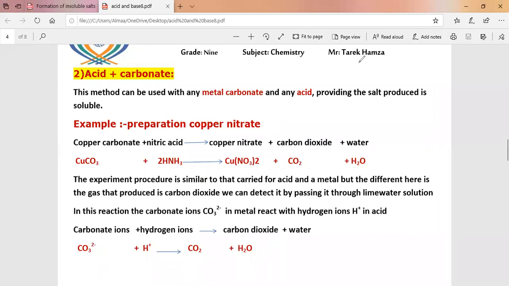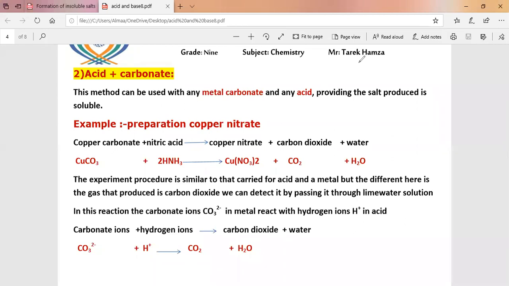As before, with dilute acid there are gas bubbles. In this case, the gas is carbon dioxide. How can we detect carbon dioxide?